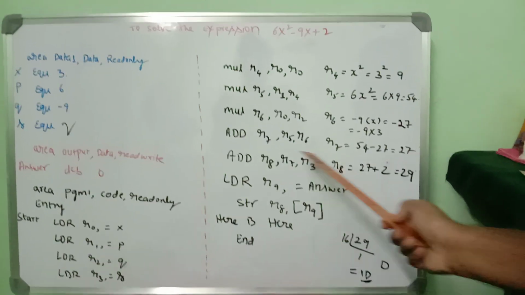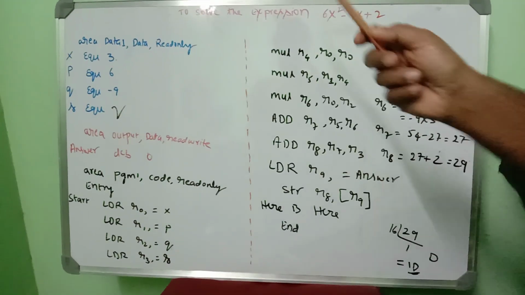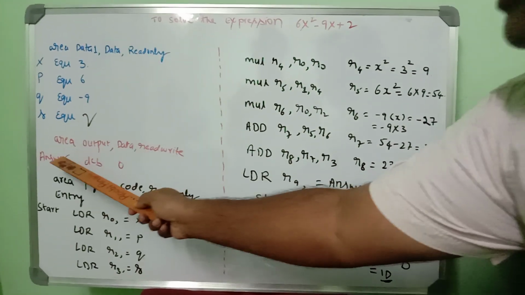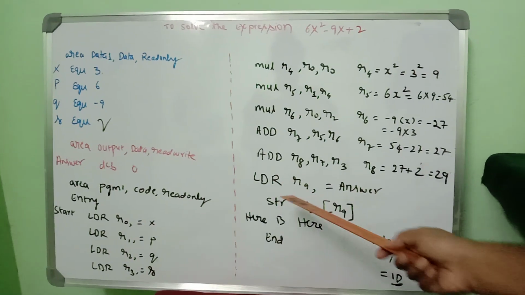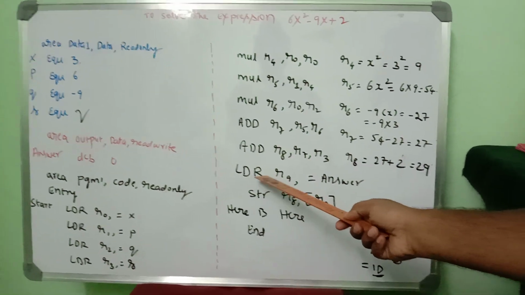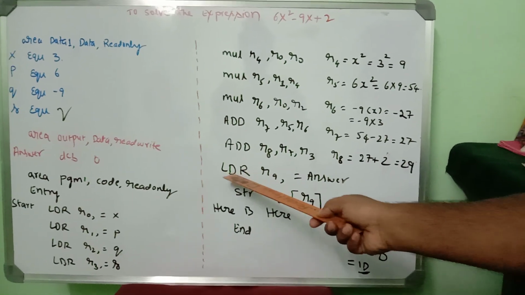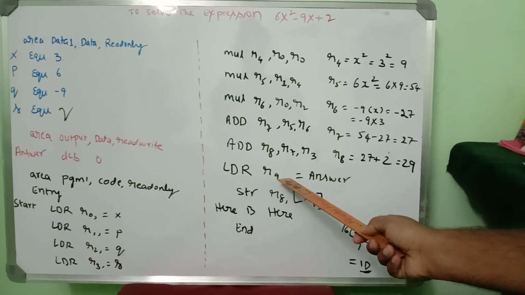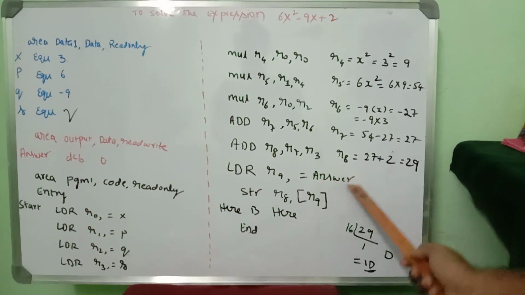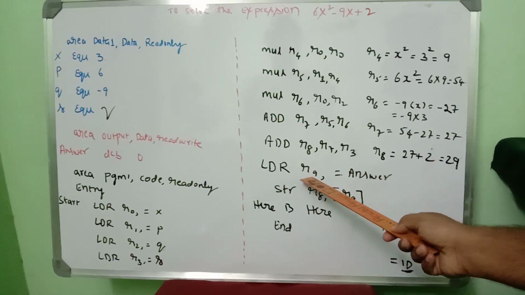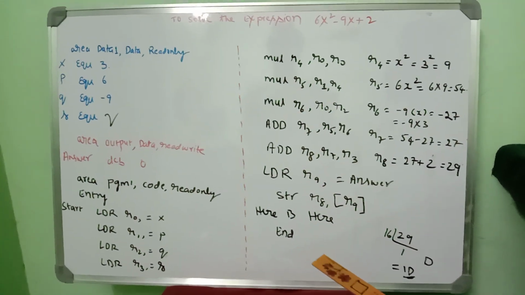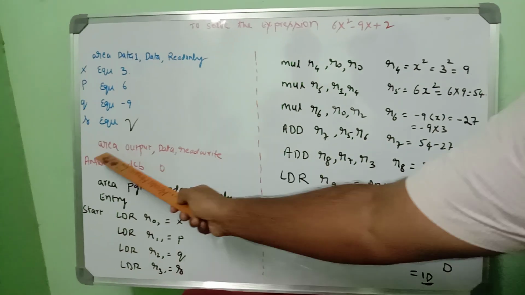I have to store it in the location called answer. How do I do it? I have to point at this memory location. I'll point at this memory location by using the instruction once again LDR, load register R9 comma equal to answer. Wherever this location is, its numerical value of the address goes to R9. Now R9 points to this location.